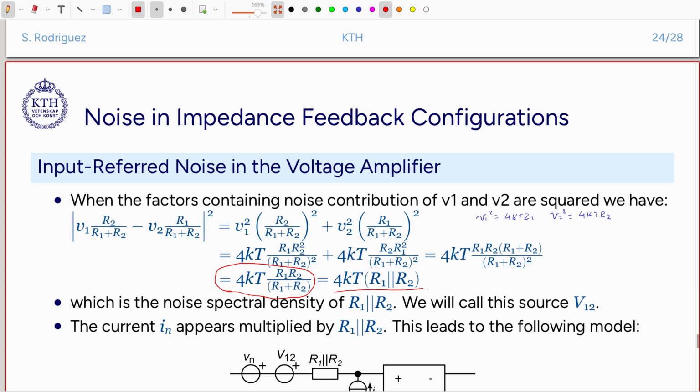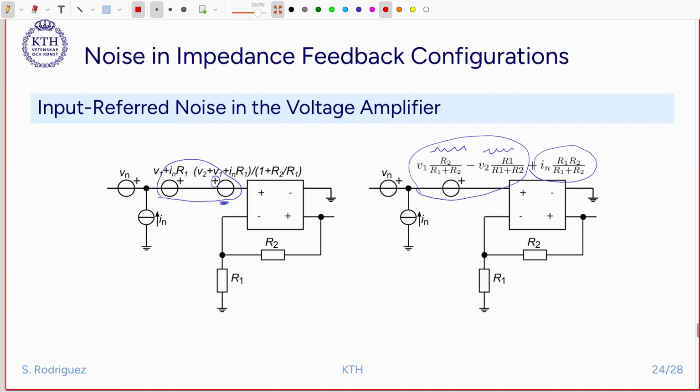So the total noise squared, the input-referred noise spectral density, is equivalent to having these two resistors in parallel. This one we will call V12. Now when we see the noise current also, we come back here and see that the noise current also appears to be multiplied by R1 in parallel to R2.